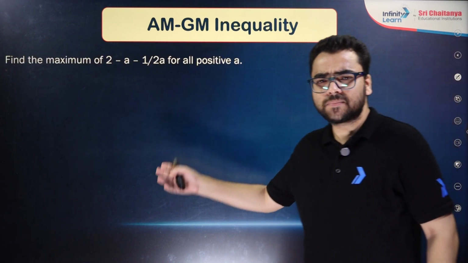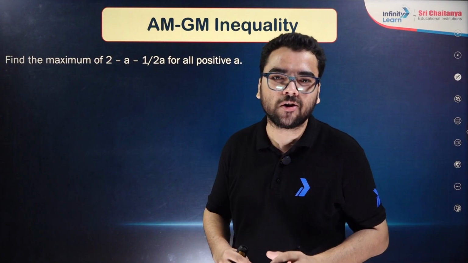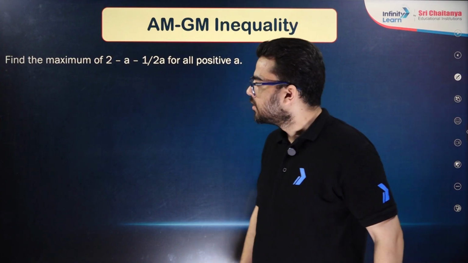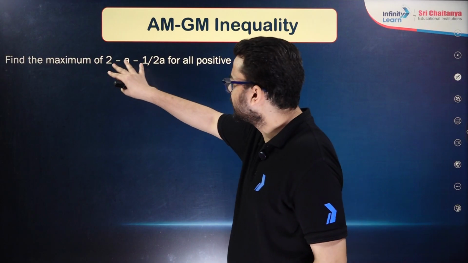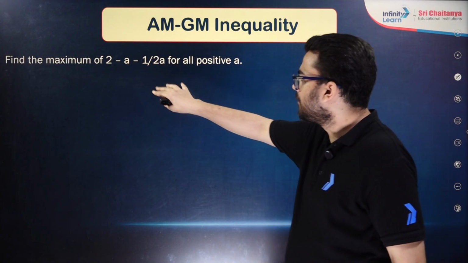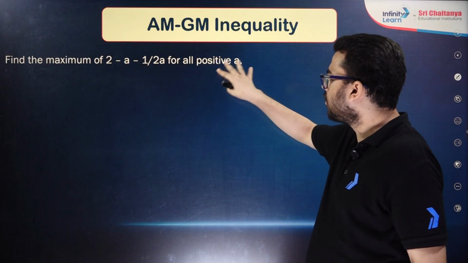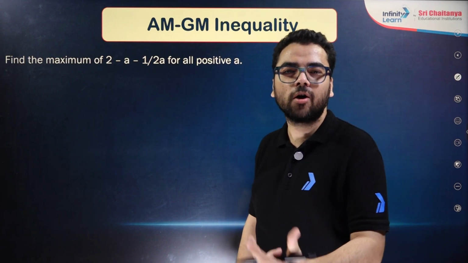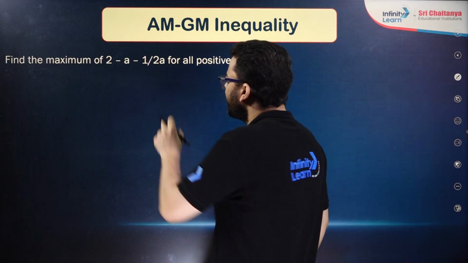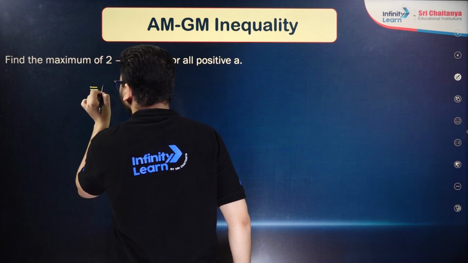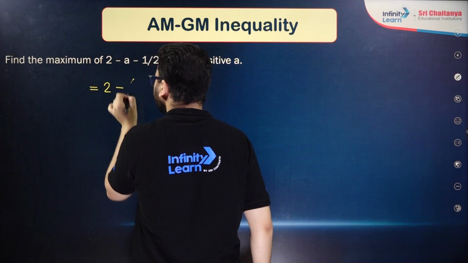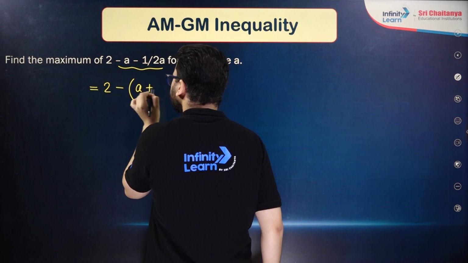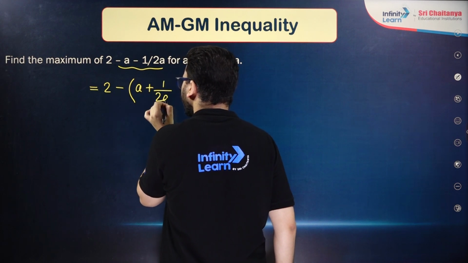So let's do some simple questions on the basis of this property, AM is greater than or equal to the geometric mean. So for example, you've got this question, they are telling you to find the maximum value of this for all positive A. So basically this expression, can I write like this? 2 minus, if I take common from here, I'll get A plus 1 upon 2A.